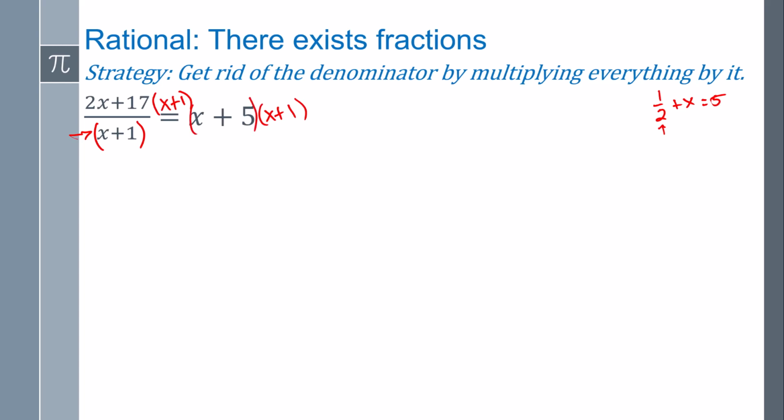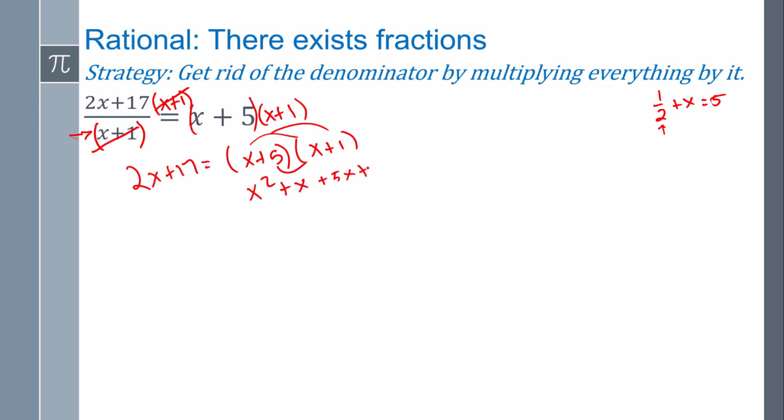Now, I'm multiplying everything by that x plus 1, which is why I put the x plus 5 in parentheses. Now, as a factor, these are going to cancel out, and so now I'm left with 2x plus 17 equals x plus 5 times x plus 1. Now we distribute: x squared plus x plus 5x plus 5.